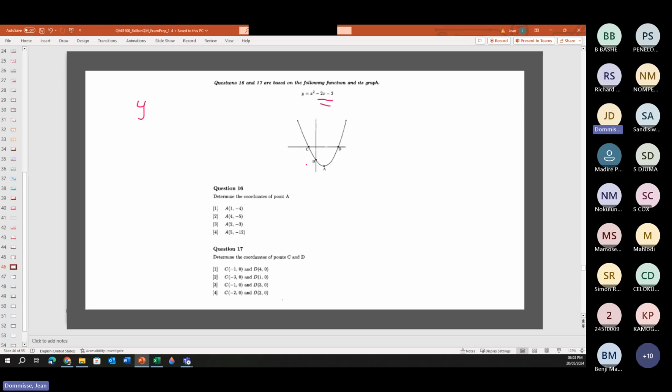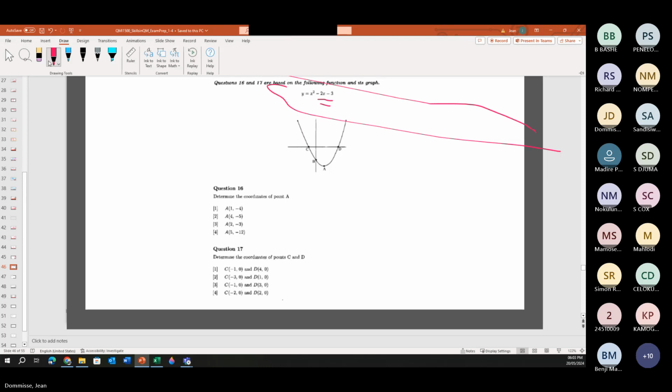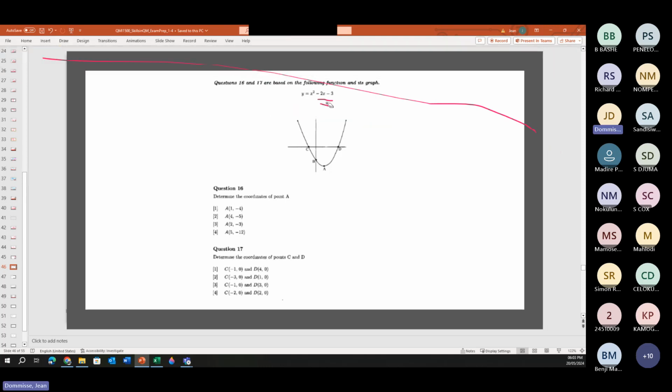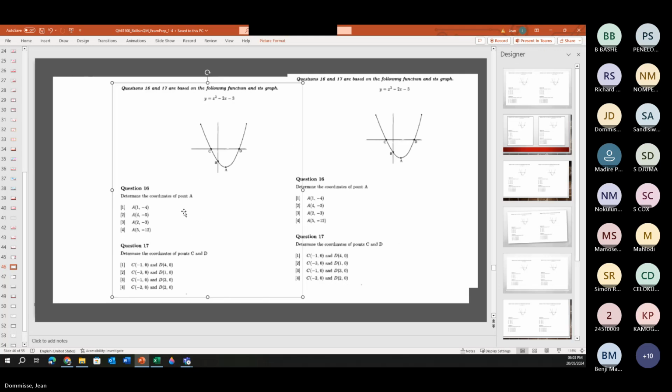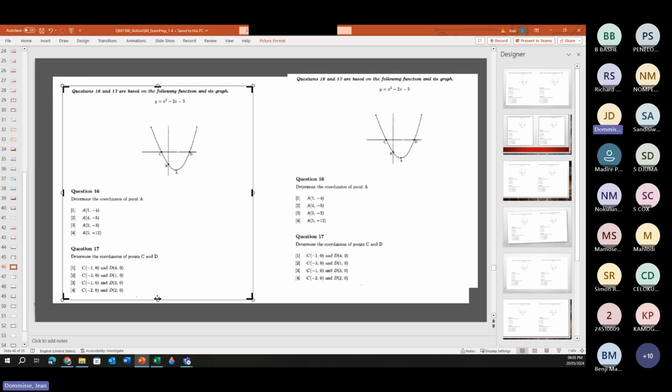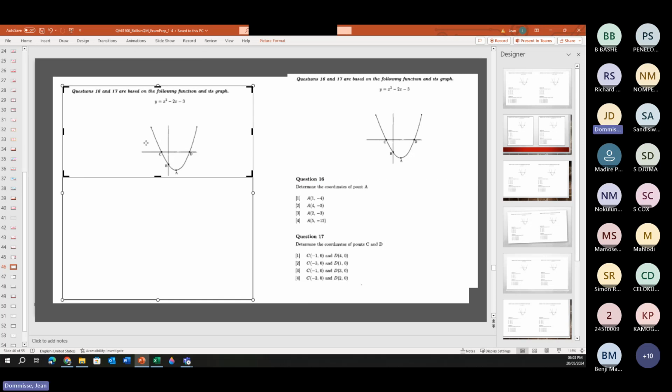Okay, so they want us now to determine, again, let's just quickly do something about this that we can just make it easier to see.